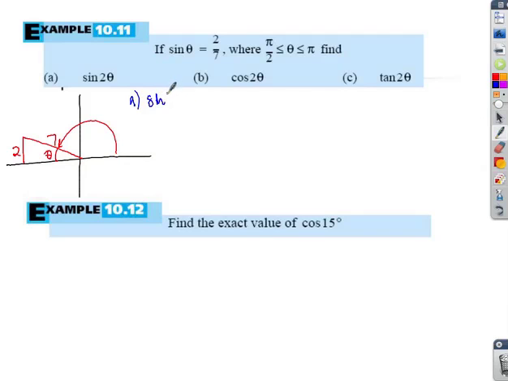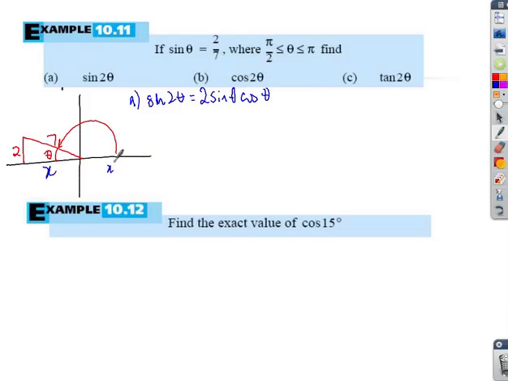So again, what you'd probably do is write the identity for sine 2 theta. Sine 2 theta is 2 sine theta cos theta. So to be able to give the value of sine 2 theta, I need to know both sine theta and cos theta. Well, obviously sine theta is given. So I need to find cos theta. To find cos theta, obviously I need the adjacent side. So we need the x value here.